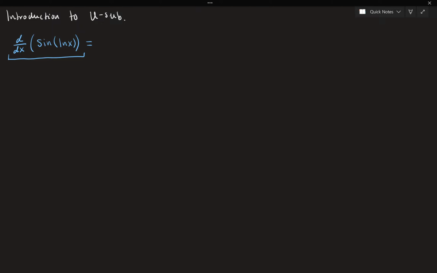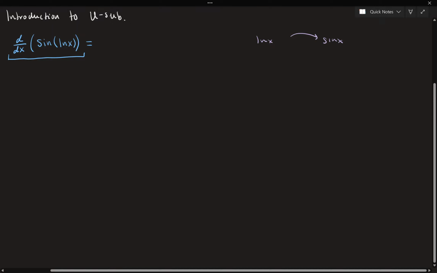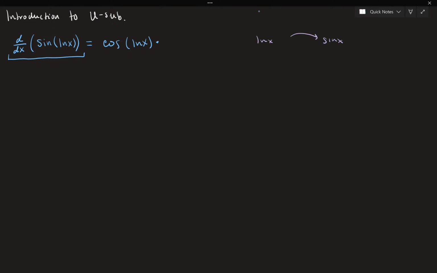We have the derivative of sine of ln x. Here I'm plugging ln x into the sine function. I know I've got to take the derivative of sine and keep the inside, and then multiply by the derivative of the inside. It's not too hard. But I know from just knowing what an integral is that this should give me an integral rule.